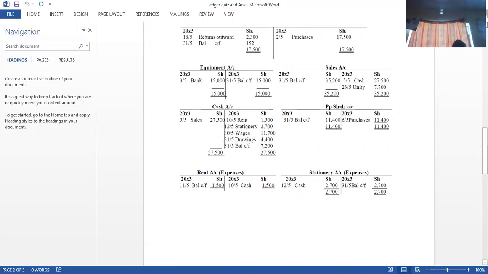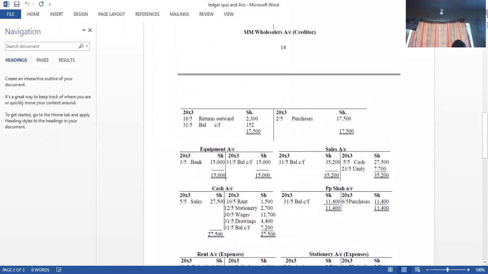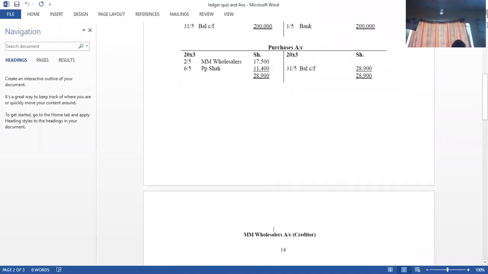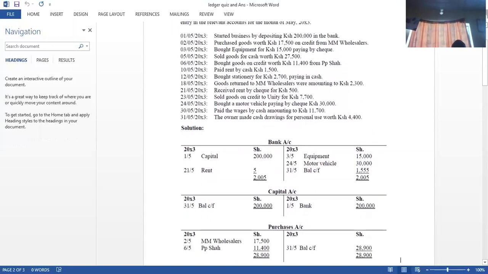Then the next transaction happened on the 10th, whereby rent was paid by cash, 1,500. Anytime we pay expenses, we normally debit that expense and then we credit either cash or bank. We are crediting cash here because it is being spent, it is reducing.